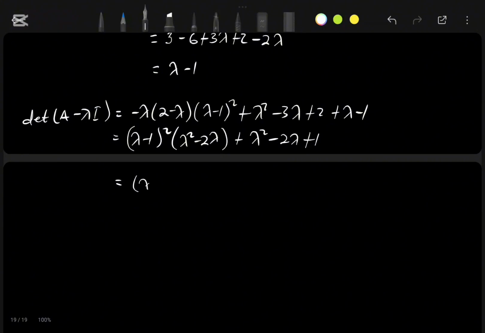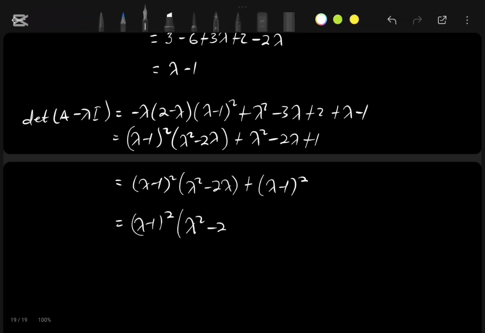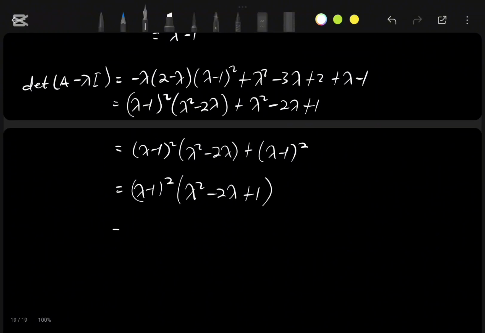This is equal to lambda minus 1 all squared into bracket lambda squared minus 2 lambda plus lambda minus 1 all squared. So we have lambda minus 1 all squared into bracket lambda squared minus 2 lambda plus 1. And now this gives us lambda minus 1 all squared and lambda minus 1 all squared. So in all, this gives us lambda minus 1 to the power 4.